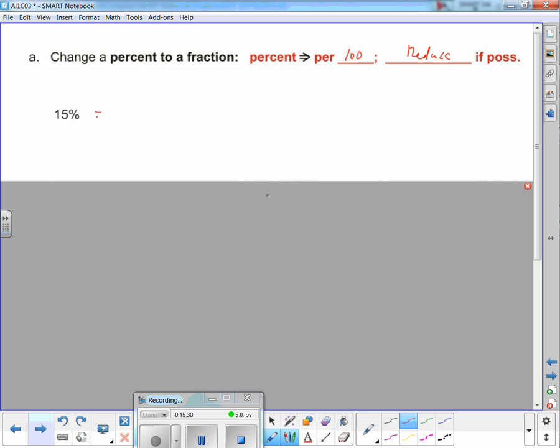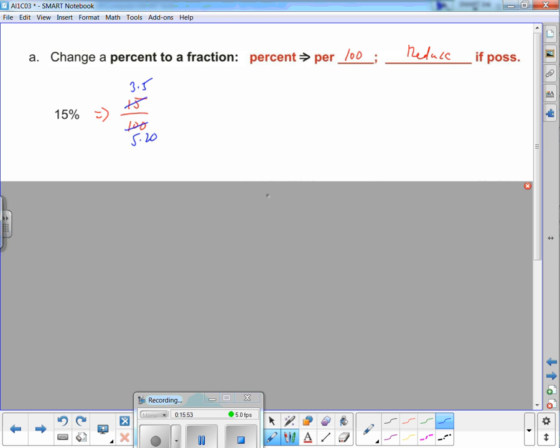So 15% is simply 15 divided by 100. Once you do the per 100, you drop the percent symbol, because the percent symbol represents per 100. And now it's just reducing.